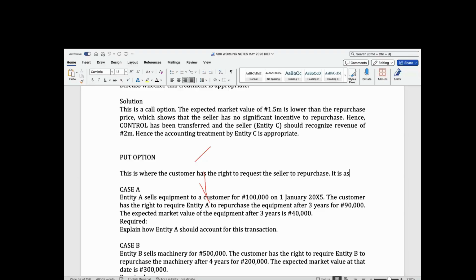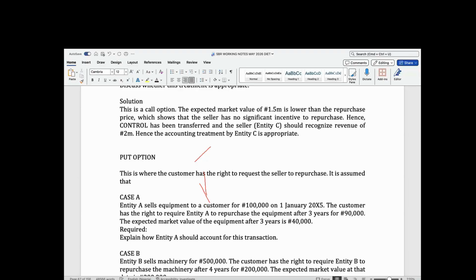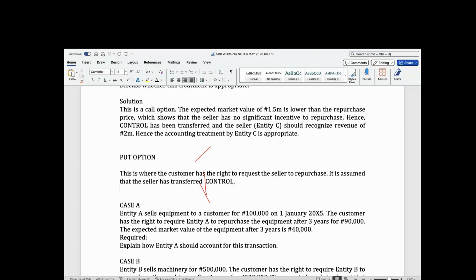Here it is assumed that the seller has transferred control because he doesn't have the mindset to repurchase, because he has sold. But in the agreement, it is the customer that can request a repurchase. So it's assumed that control has transferred.